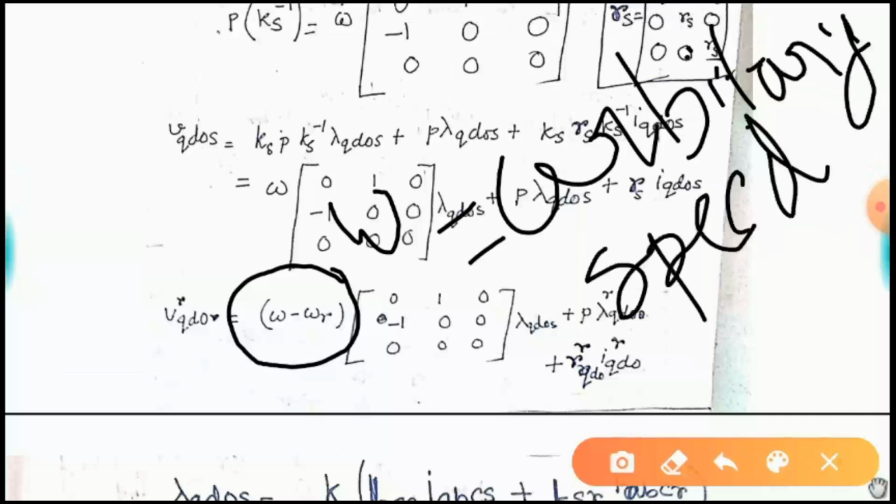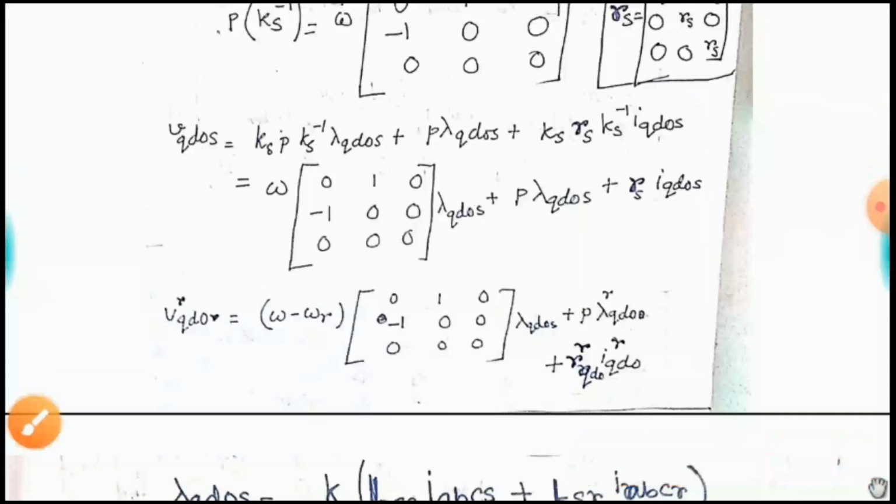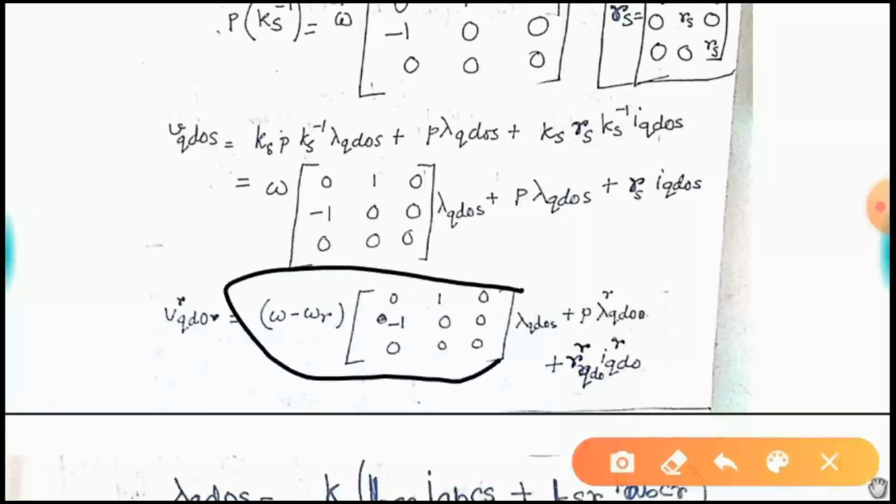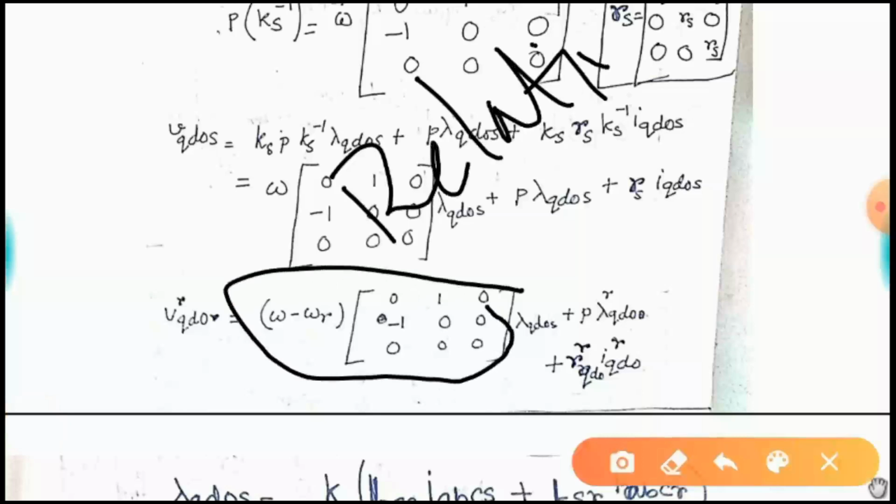Arbitrary speed of what? Arbitrary speed of your reference frame. So this speed EMF always depends on the relative speed. This is the relative speed, right? This has nothing to do with your absolute speed.